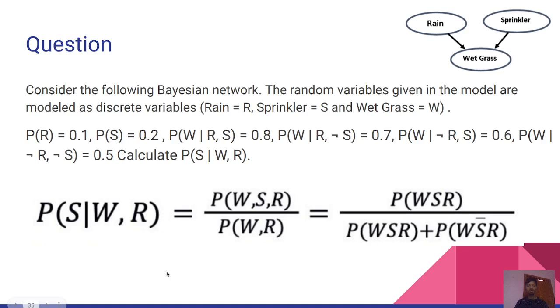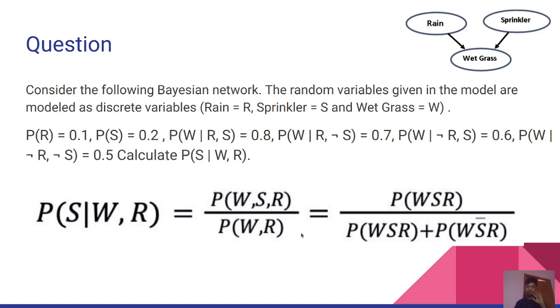So we have to find P of W, S, R, the probability of S equal to true and W equal to true and R equal to true, divided by P of W equal to true, R equal to true. Up to this I hope it is clear.